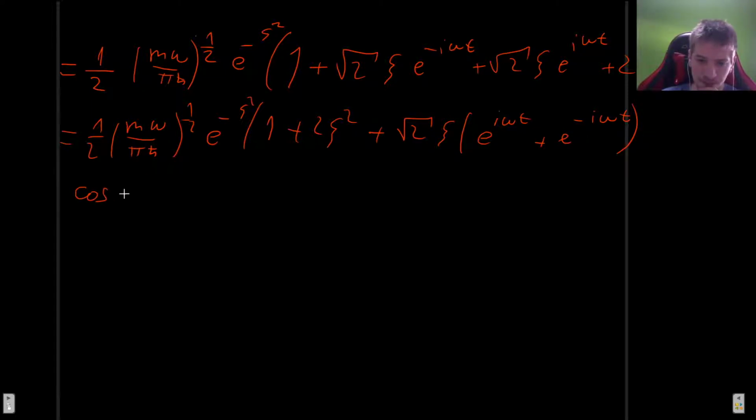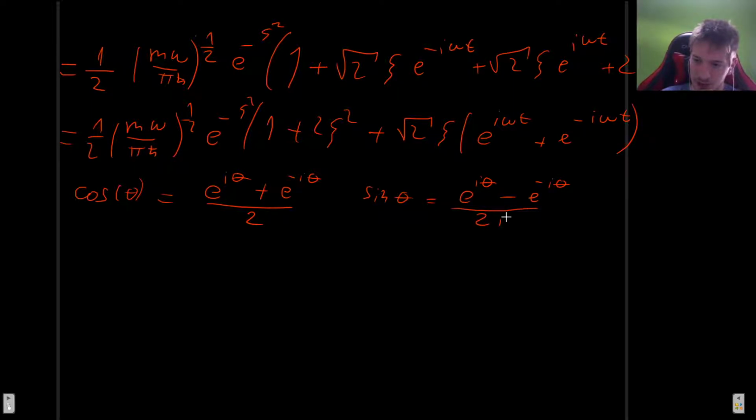Because cosine of theta is e to the I theta plus e to the minus I theta divided by 2, and sine of theta is e to the I theta minus e to the minus I theta divided by 2i, right?